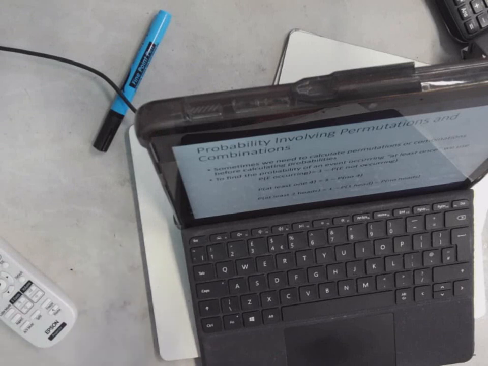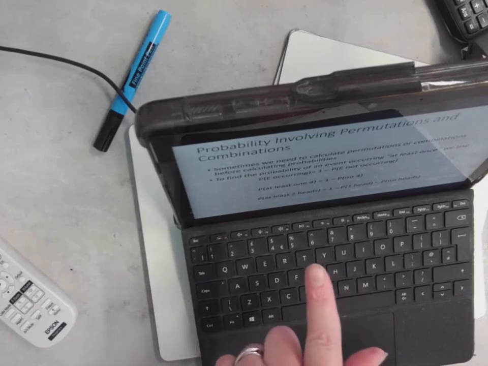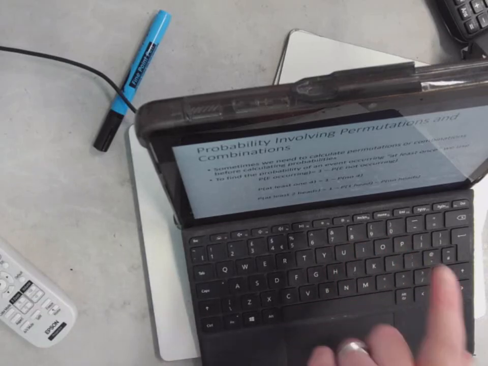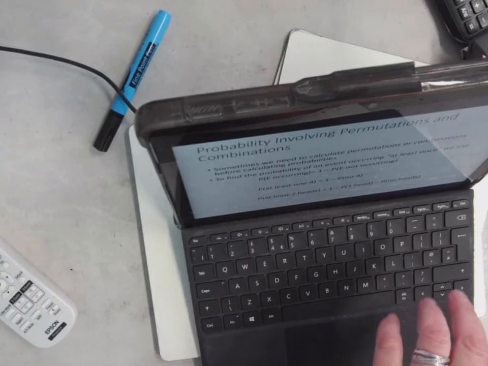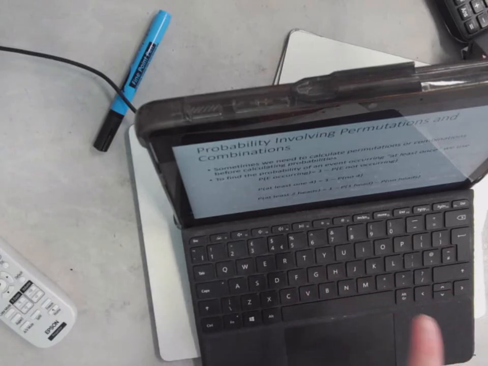To find the probability of an event occurring at least once, the easiest way is to use 1 take away the probability that it never occurs. For example, the probability that at least 1 boy is on the committee: there might be 5 boys, so you'd have to do 1 boy or 2 boys or 3, 4, or 5 boys, as opposed to 1 take away no boys, which is way shorter.